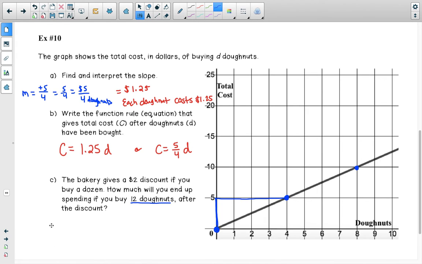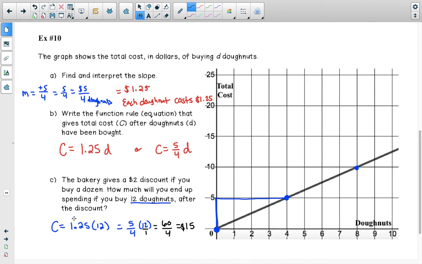So we have that the cost would equal $1.25 times the 12 donuts. $1.25 times 12 could also be written as 5/4 times 12. And please remember that 12 is written as over 1. This could easily be written as 5 times 12 is 60, divided by 4 times 1 is 4, which is equal to 15. So you would spend $15.